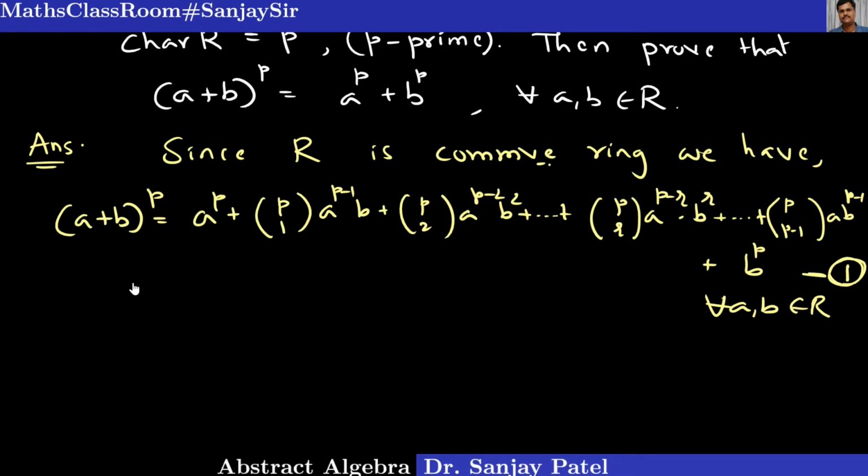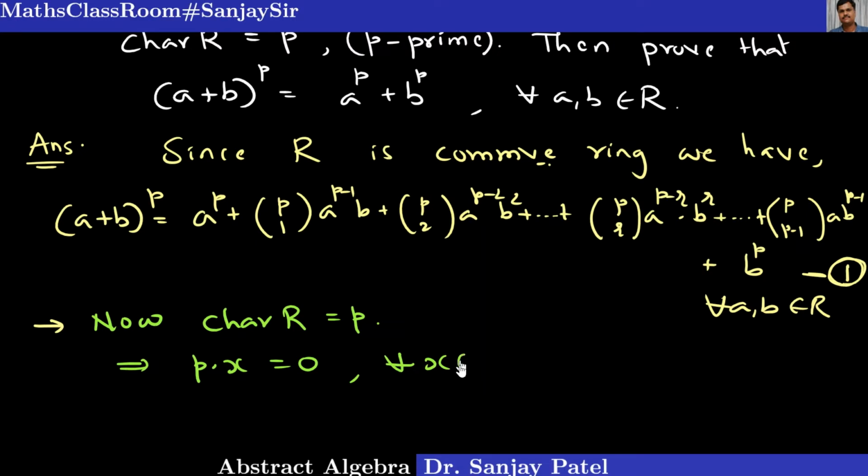Now let us use the fact that the characteristic of R is p. The characteristic of the ring R is small p, and that means p times x is equal to the 0 element for every x belonging to the ring R. In order to prove the result, I must show that all the terms in this binomial expansion except the first and the last term must be 0.